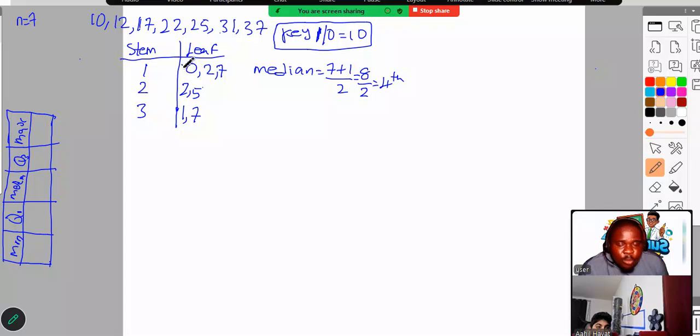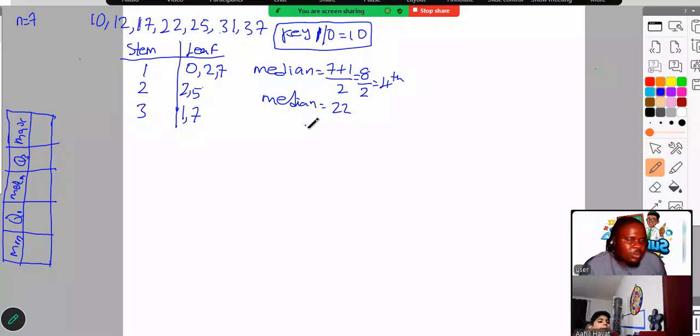Okay, from the top we'll count the fourth number. Let's go. We have 1, 2, 3, 4. Now the fourth number here is 2, right? Of course. And if you notice, 2 is under the stem of 2, making it that our median, which tells us that our median is what?